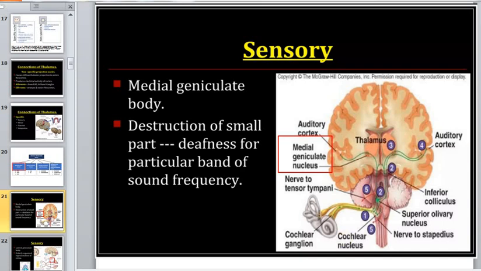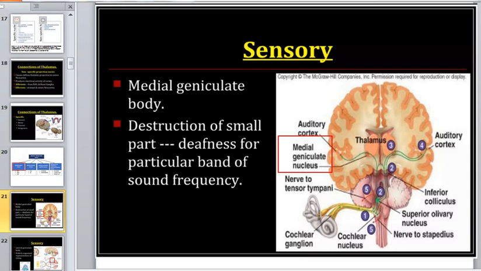Each medial geniculate body receives impulses from the cochlea of both sides, right and left, and also receives fibers from the auditory area of the cerebral cortex, and these fibers form part of the descending acoustic pathways. Different neurons in the ventral nucleus of the medial geniculate body respond to different frequencies of sound.